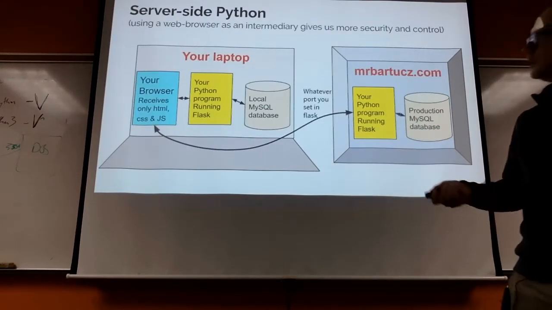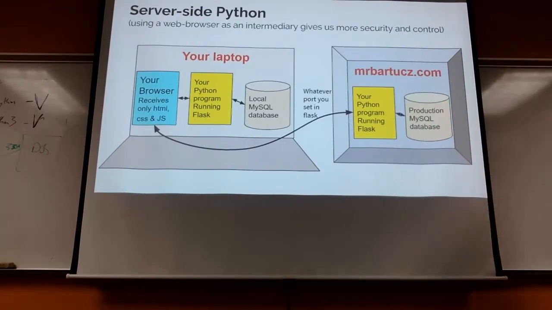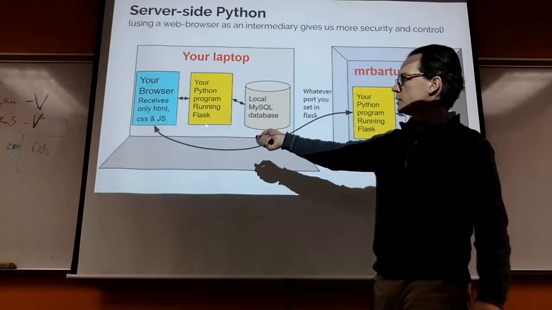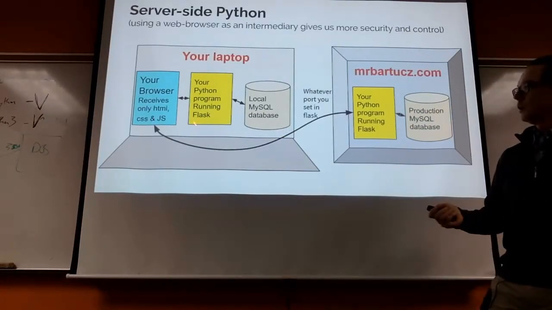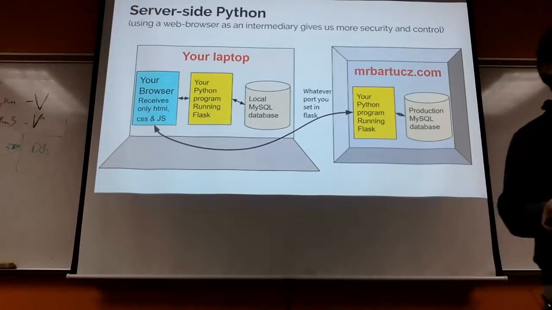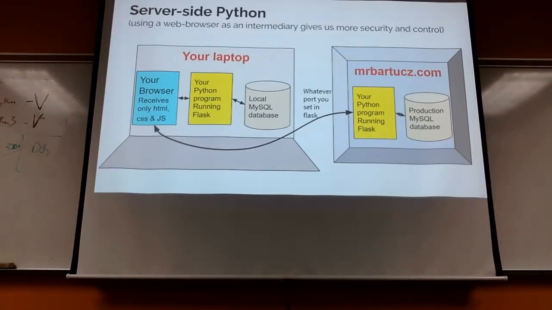But if you want to be a little fancier, you can use Python running Flask, and you'll notice that Apache is not anywhere to be found. You don't have to install Apache on your laptop to run it. Python includes Flask as a library, so you just say import Flask, and then you can literally connect to the Python program as a web server.